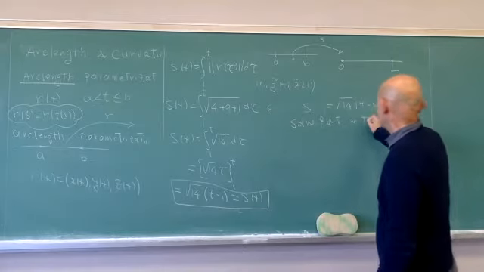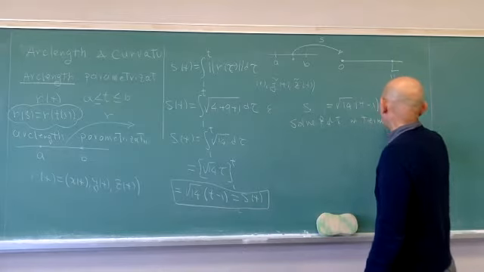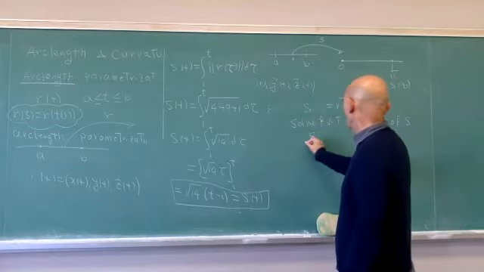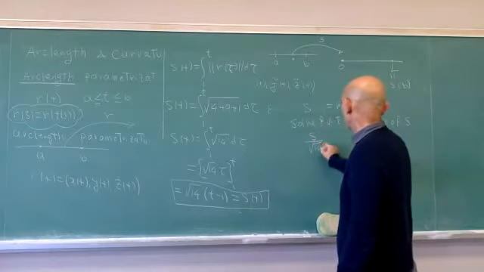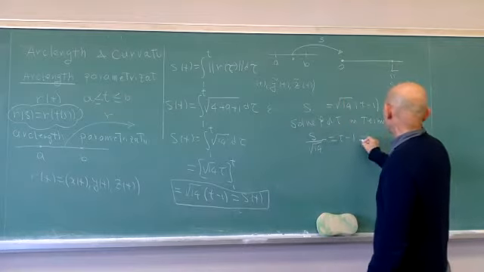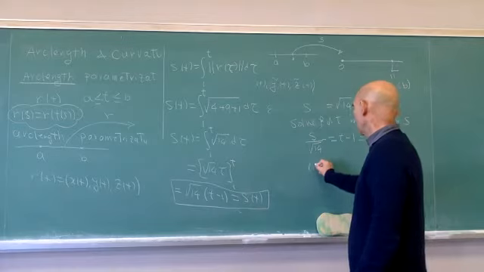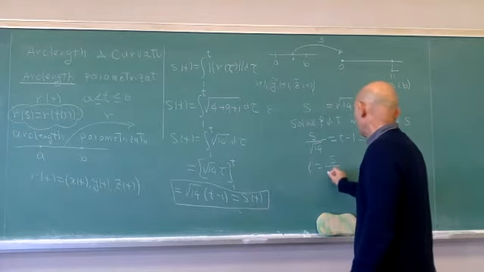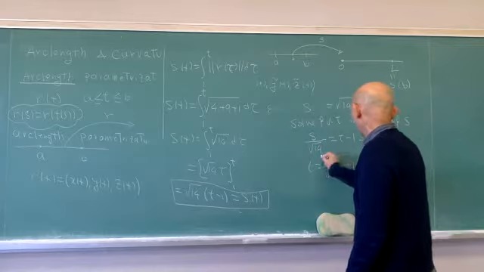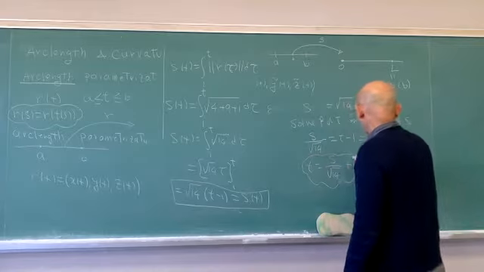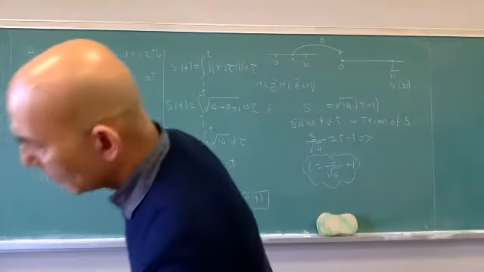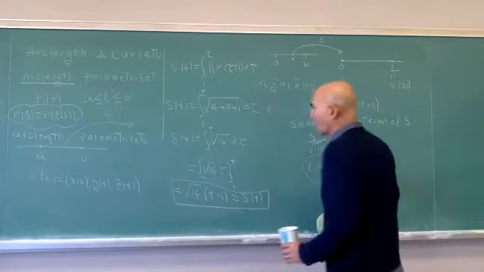You divide, you get s over root 14 equal to t minus 1. So t is equal to s over root 14 plus 1.